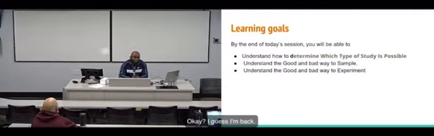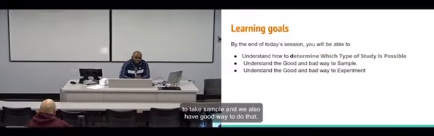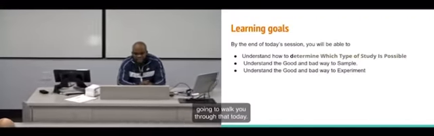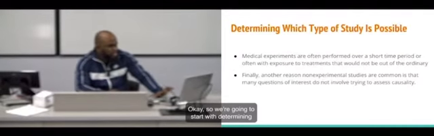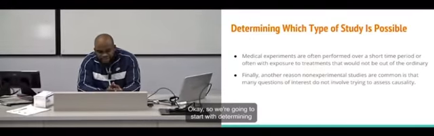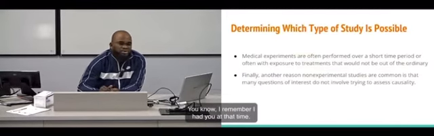There are some bad ways to experiment, and some bad ways to take a sample, and we also have good ways to do that. And of course, I'm going to walk you through that today. So we're going to start with determining which type of study is possible.